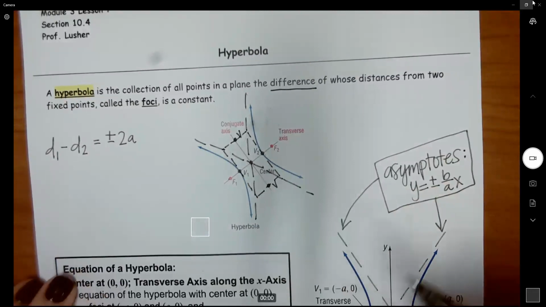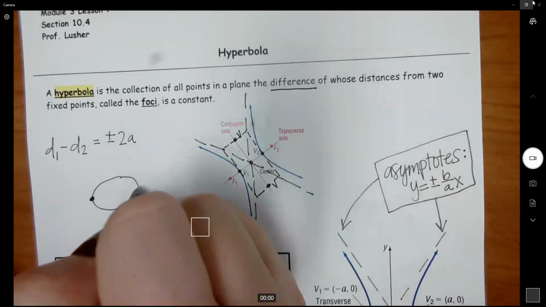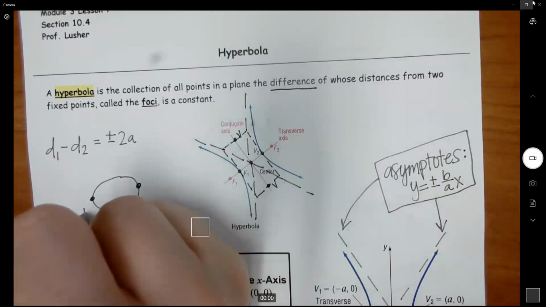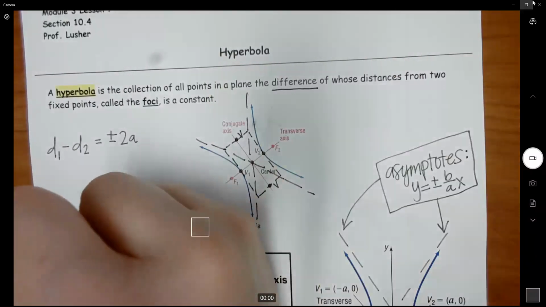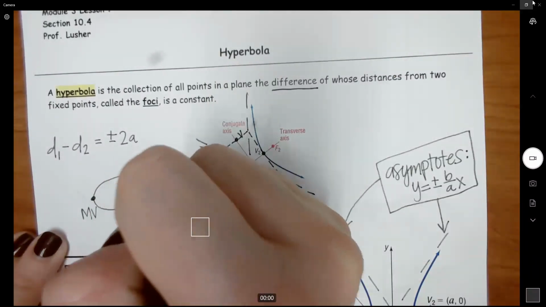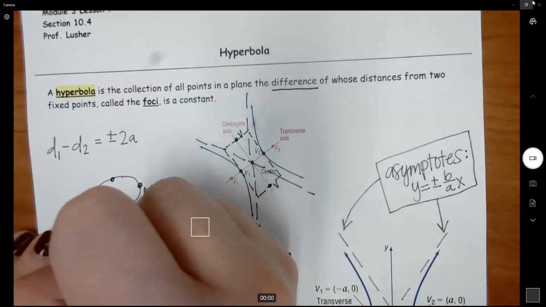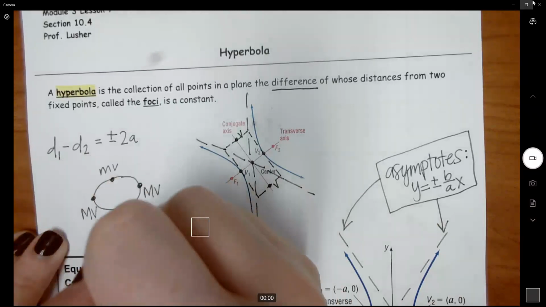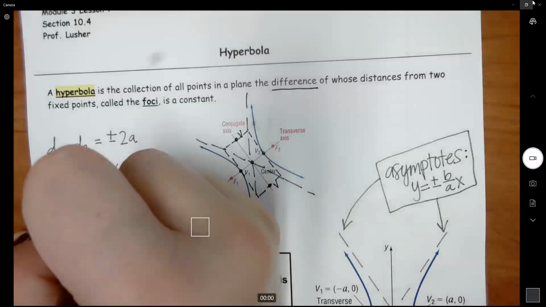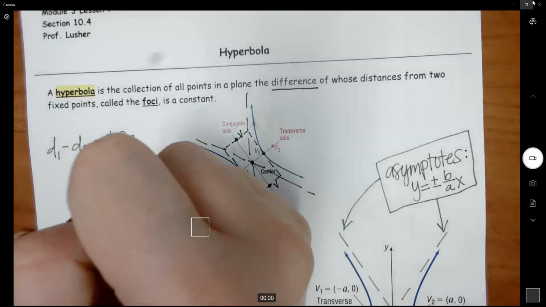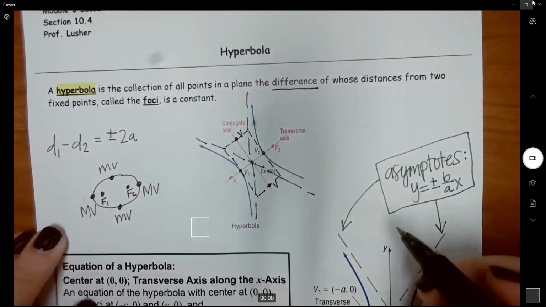The other thing I want to make a point of is referring back to our ellipse. We had our two major vertices, and then we had our minor vertices. Again, that's my A and my B. But inside here is where my two foci were, inside my ellipse.